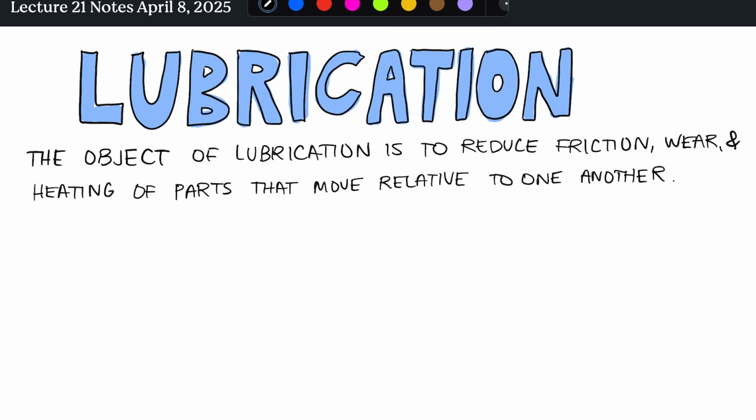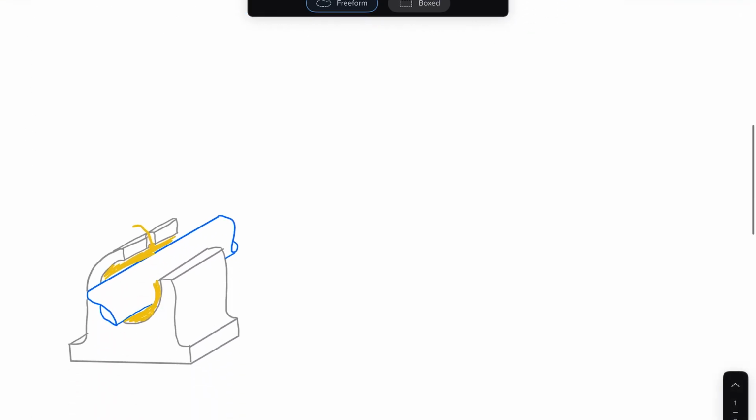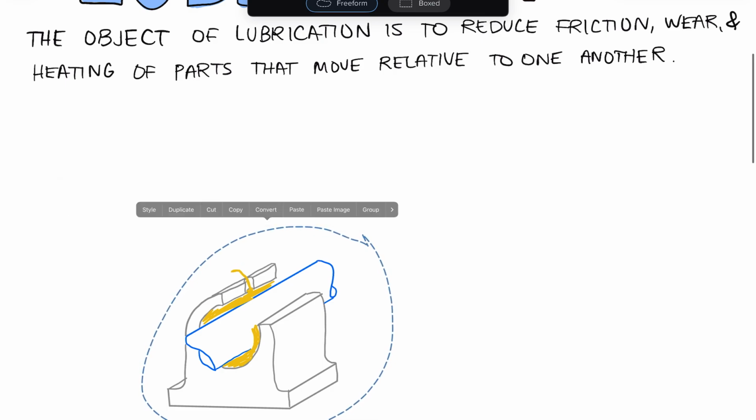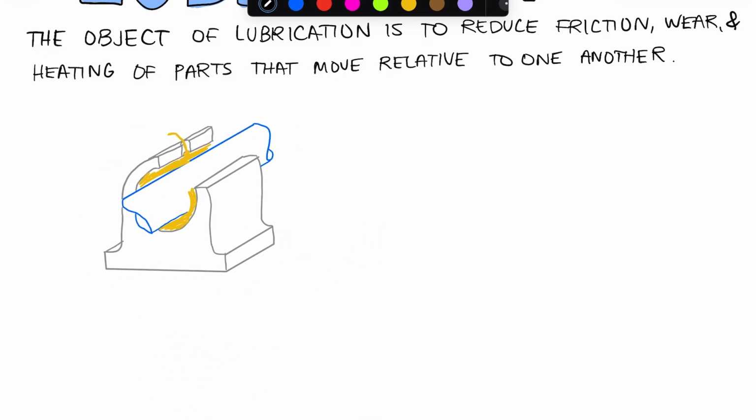So if we take a look, for example, at our journal bearing, bring up this drawing, and let's say that this bearing is rotating with the speed n in this direction, and of course the housing is fixed in place. Then this type of bearing can have two different major classes of lubrication, and maybe it would be helpful to actually take a cross-section view of this.